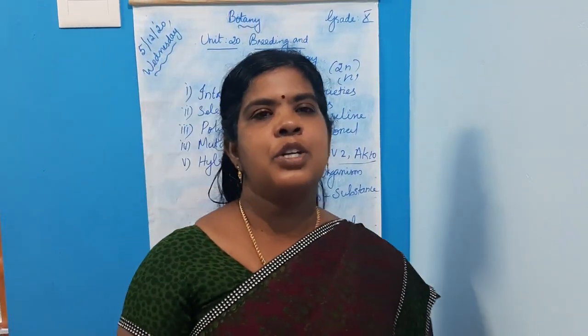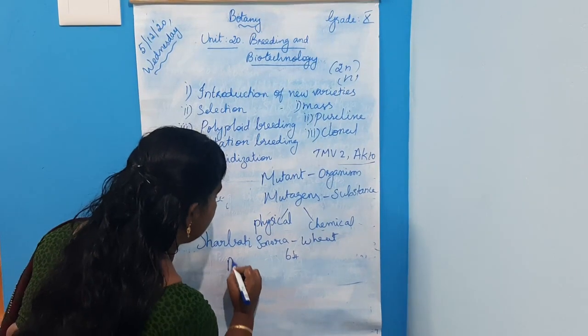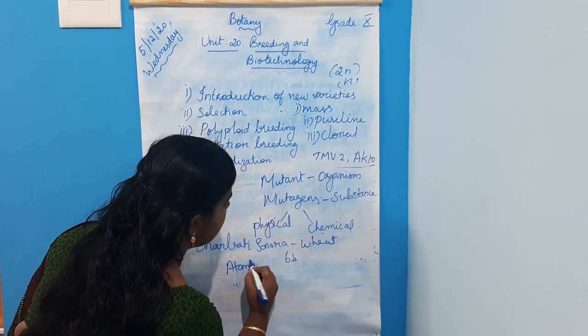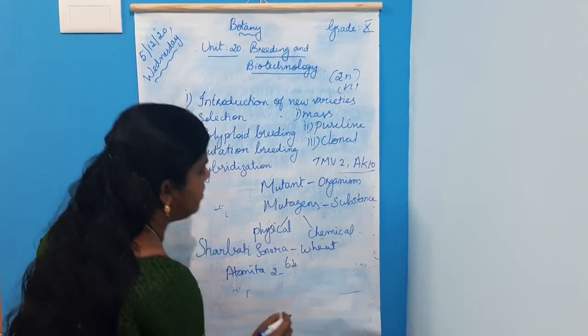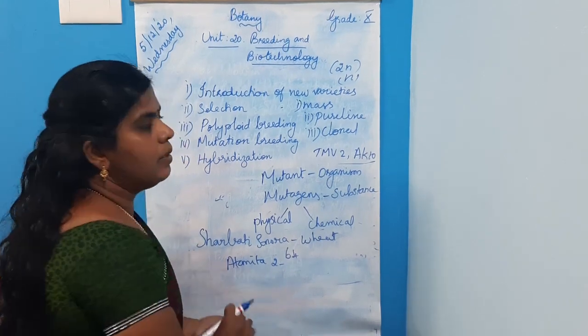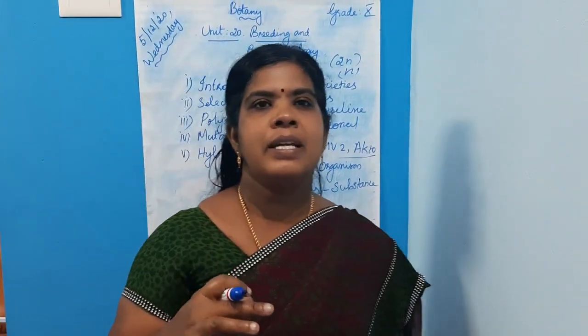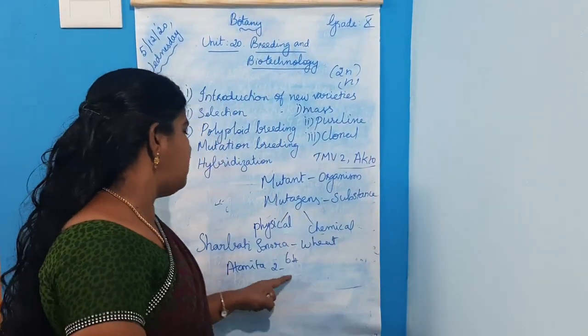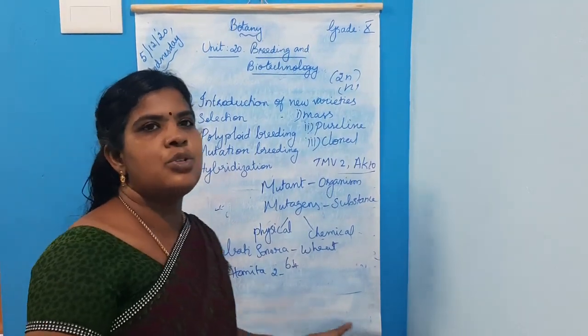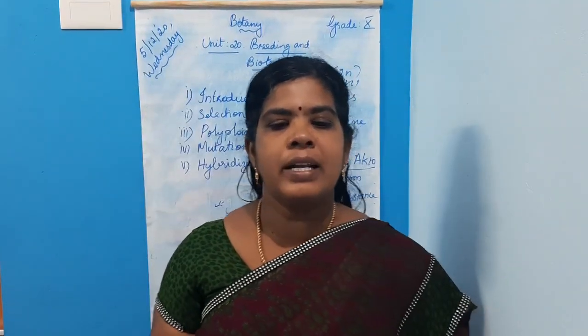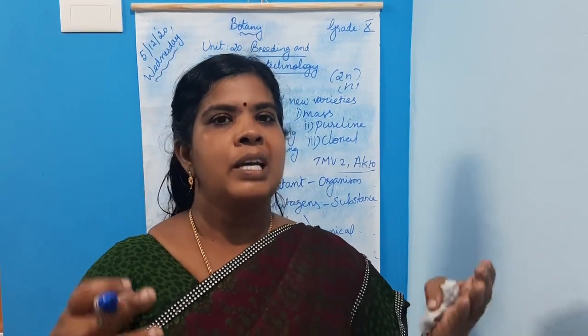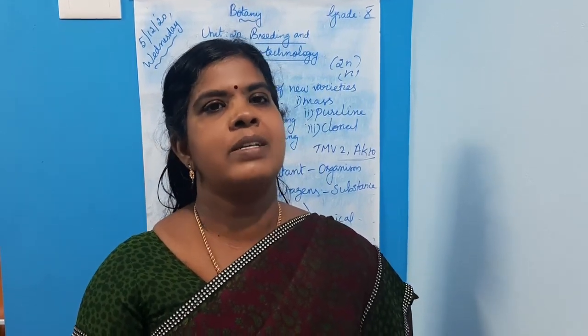Next is Atomita 2 rice. By inducing mutagens, the rice variety produced is Atomita 2. This rice shows saline tolerance and pest resistance. These plants can live in saline areas also.